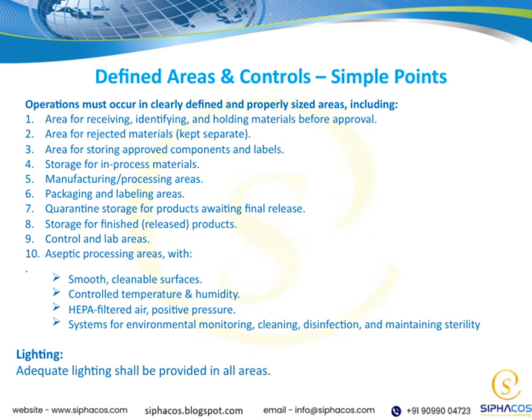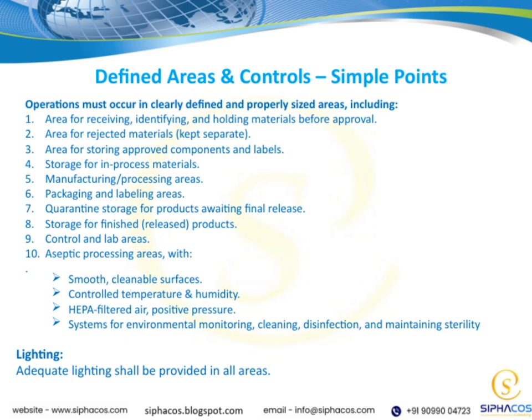Air quality is also vital, so we use HEPA-filtered air with positive pressure to keep airborne contaminants out. Additionally, we need systems in place for environmental monitoring, cleaning, disinfection, and maintaining sterility. These are all crucial for compliance and safety.